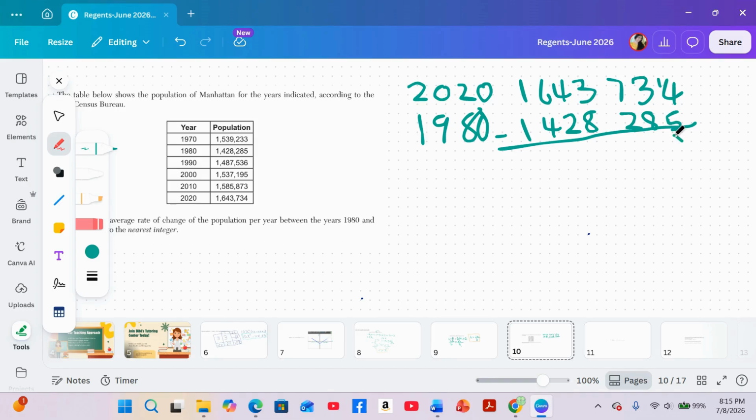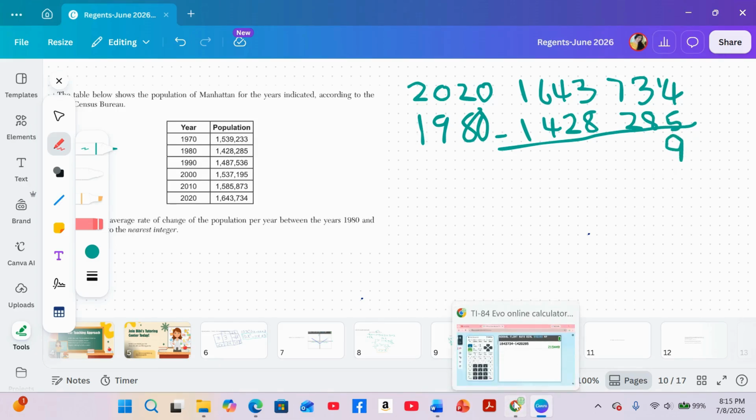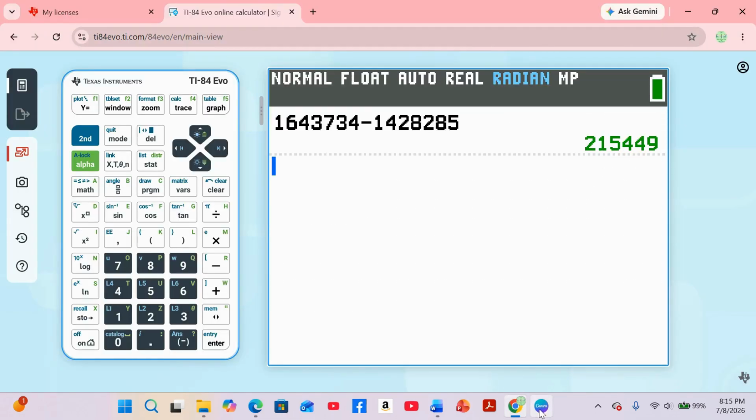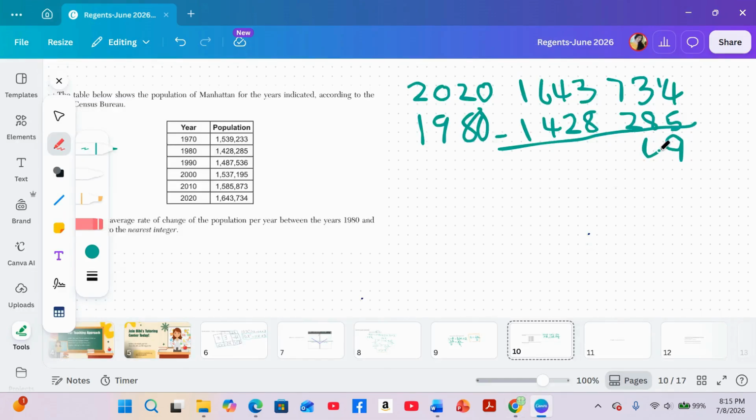Okay, so I went and did it on the calculator, and it's 215,449. This is the difference between the population for that period. And to find the rate of change, we have from 1980 to 2020.